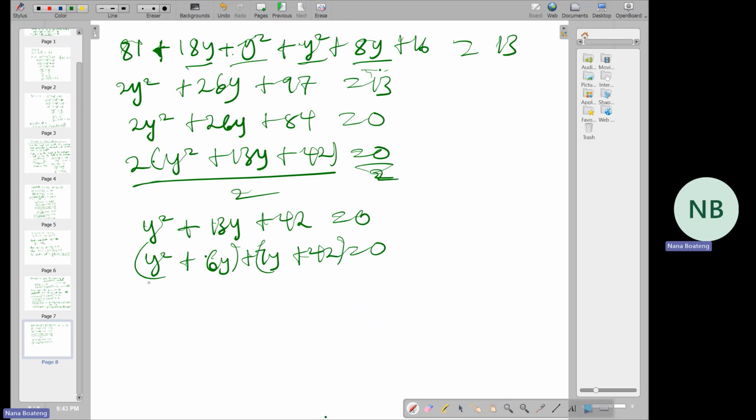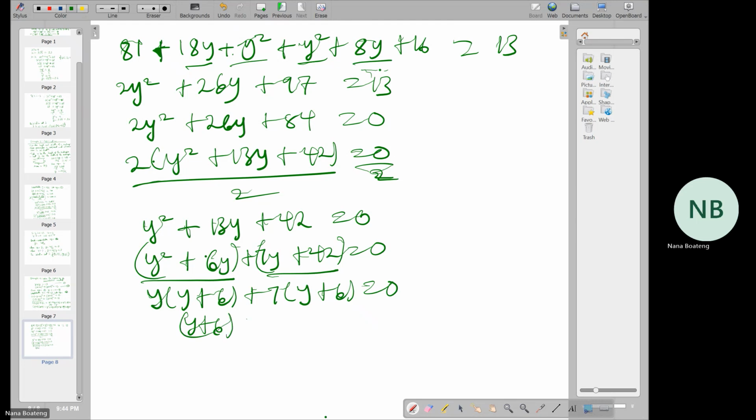For the first and second term, we can factor y out, so it becomes y times y plus 6. And for the third and fourth term, we can factor 7 out, so it becomes plus 7 times y plus 6 is equal to 0. Now we can factor y plus 6 out. So we have y plus 6 times y plus 7 is equal to 0.